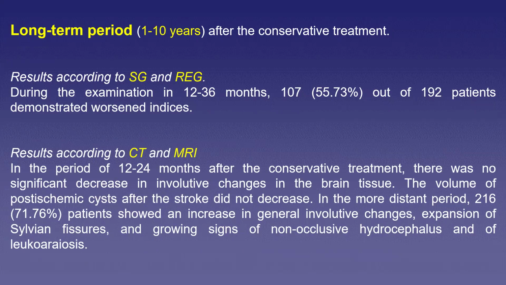The volume of post-ischemic cysts after the stroke did not decrease. In the more distant period, 71.76% of patients showed an increase in general involutive changes, expansion of sylvian fissures, and growing signs of non-occlusive hydrocephalus and of leukoariosis. Next slide.